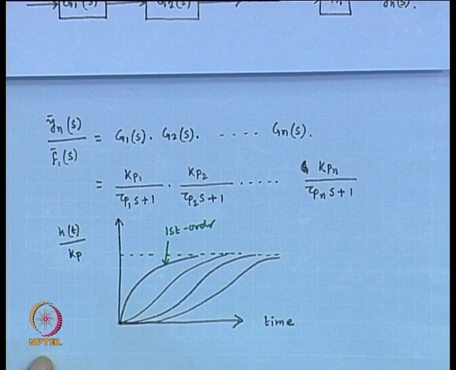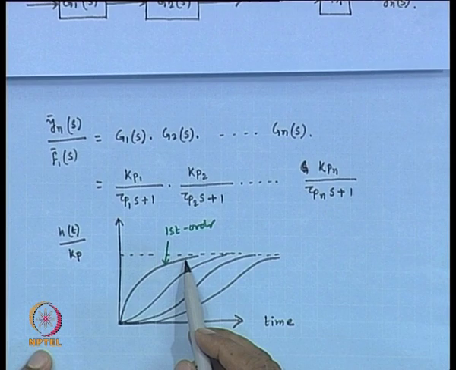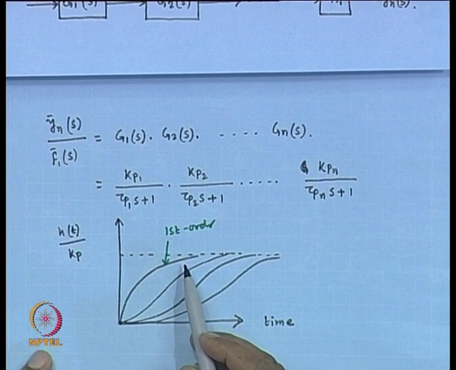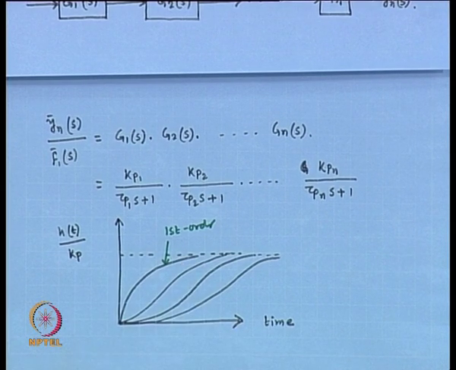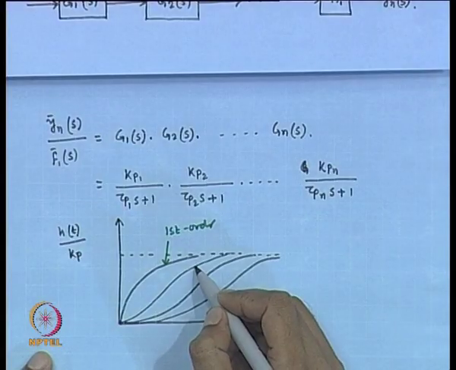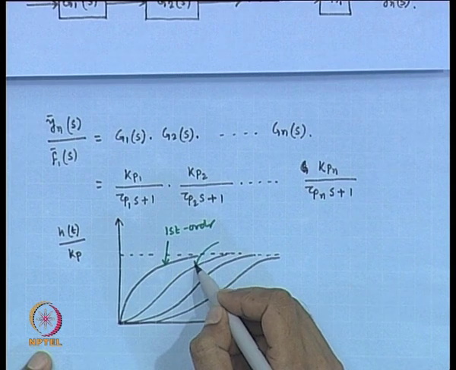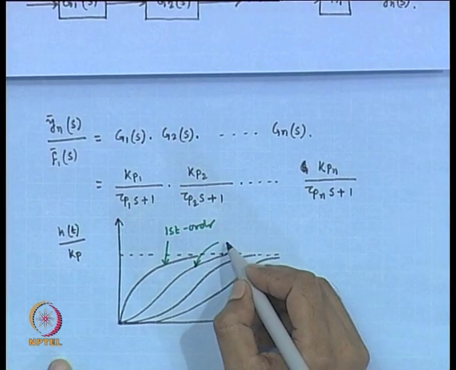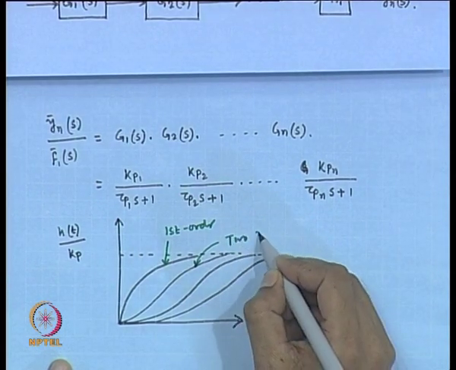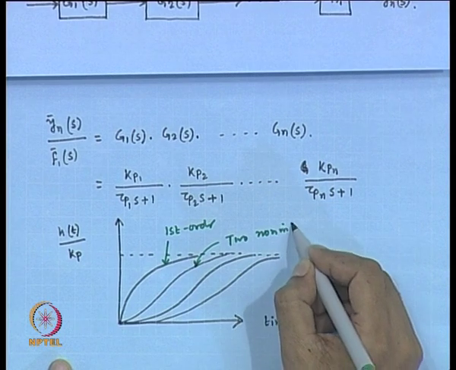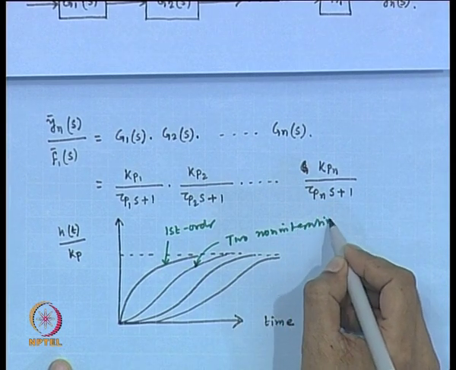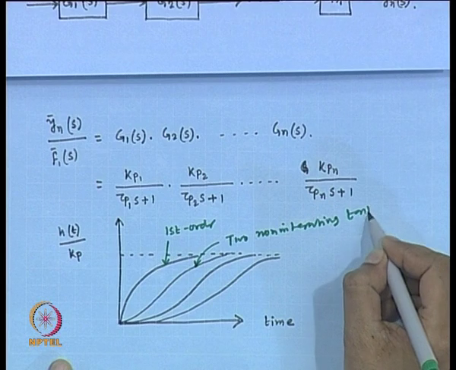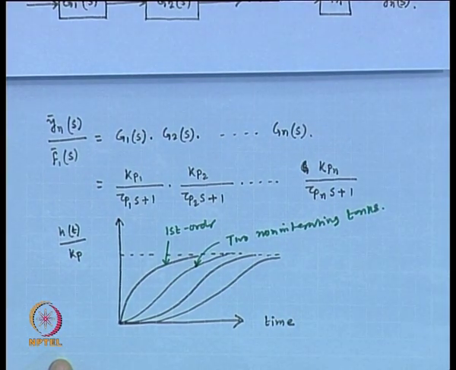Fine. So, the first curve represents the dynamics of a single liquid tank system. The second curve represents the dynamic behavior of two non-interacting tanks system.